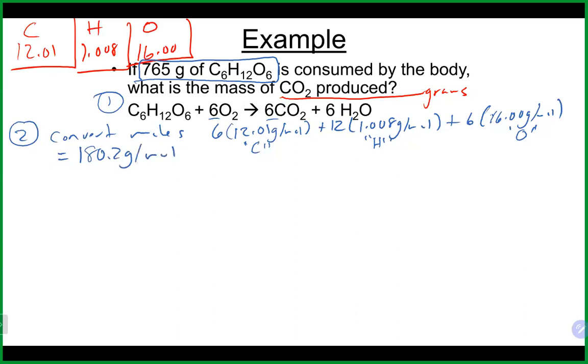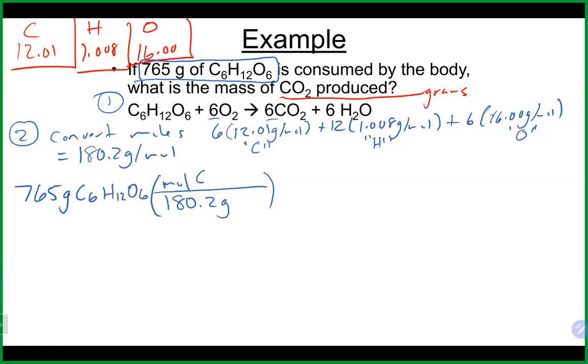Again, we're going to use that as a conversion factor. So we're going to do 765 grams of C6H12O6, and we're going to put the grams on the bottom so that they cancel, and moles on top so that we're left with moles of C6H12O6.